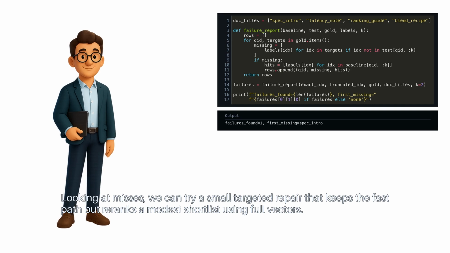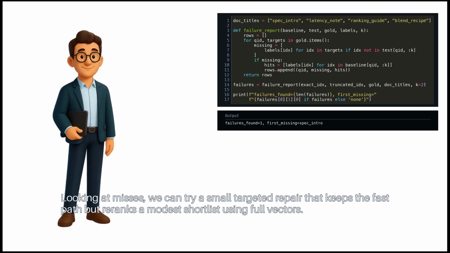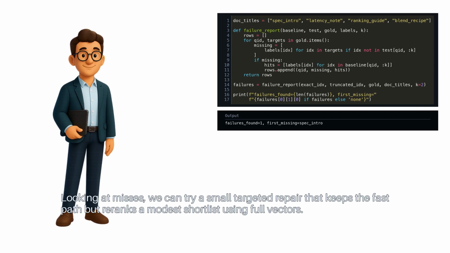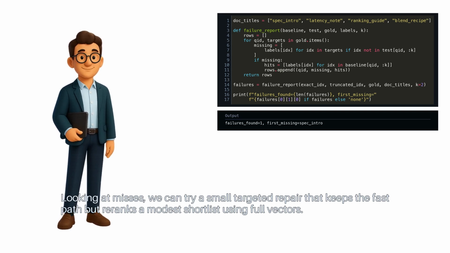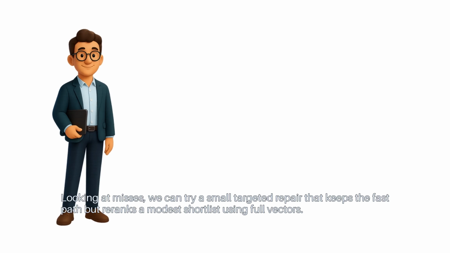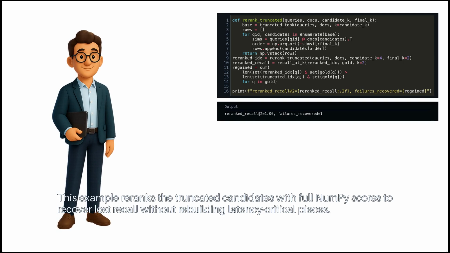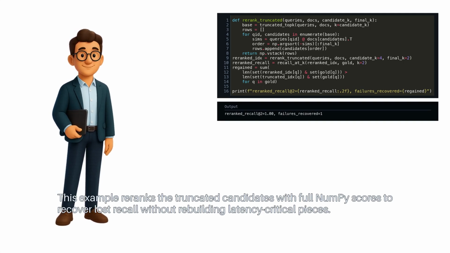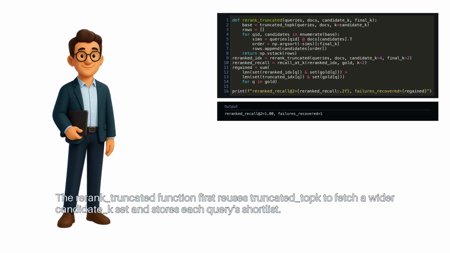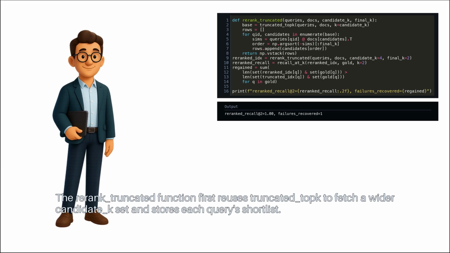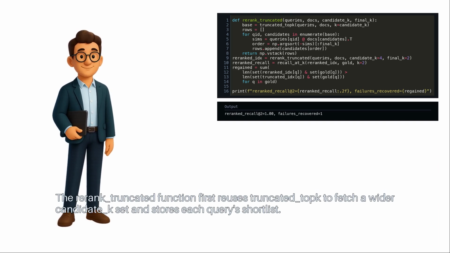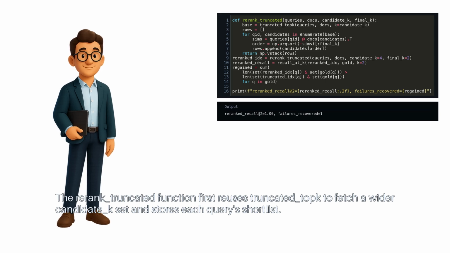Looking at misses, we can try a small targeted repair that keeps the fast path but re-ranks a modest shortlist using full vectors. This example re-ranks the truncated candidates with full NumPy scores to recover lost recall without rebuilding latency-critical pieces. The re-rank truncated function first reuses truncated top k to fetch a wider candidate k set and stores each query's shortlist.